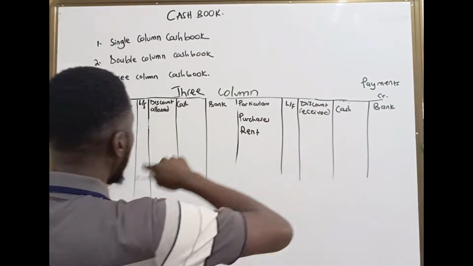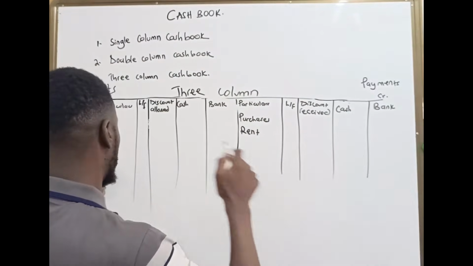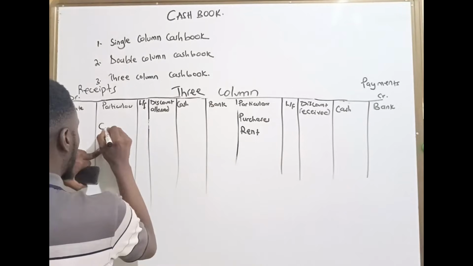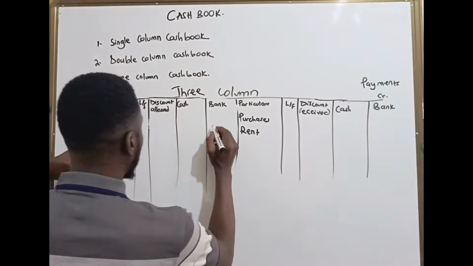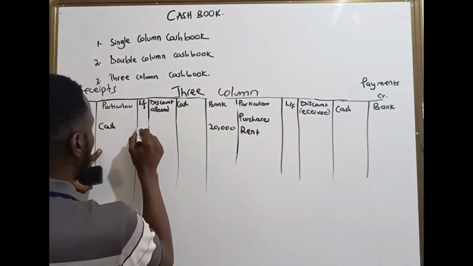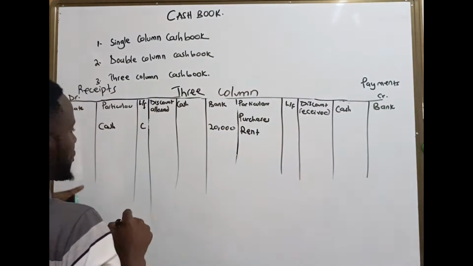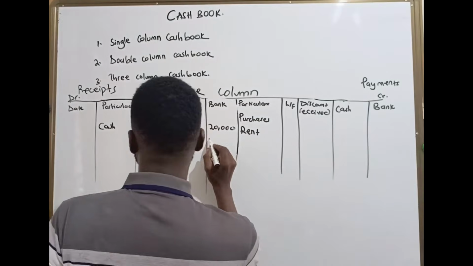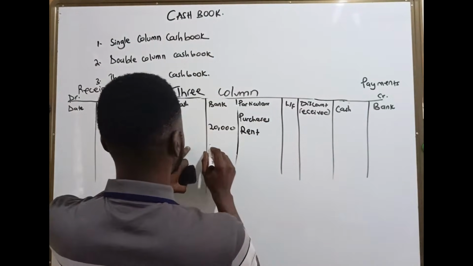So we say we are depositing cash to bank. So that means you do cash, then you come to the bank account and record 20,000, and you come to the ledger folio and you say contra entry. Then you come on this side as well and you indicate that.